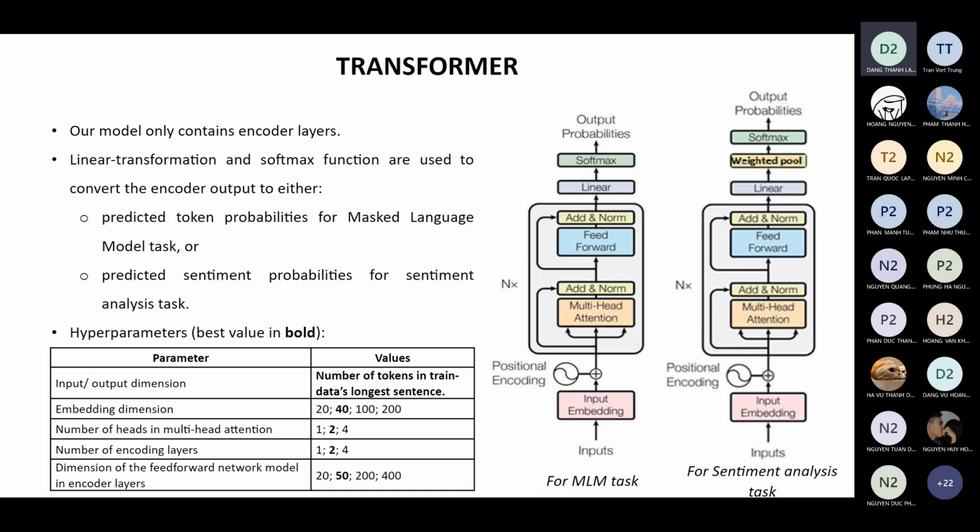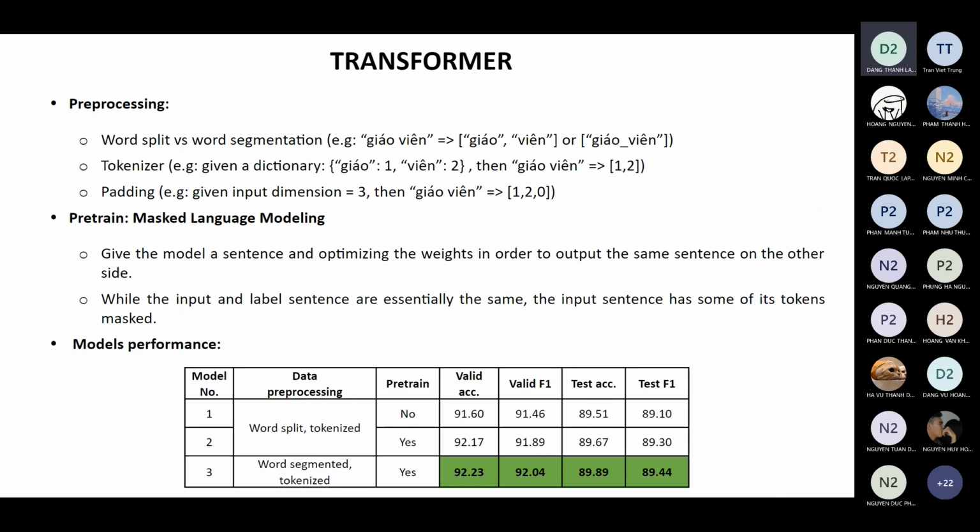Those are the input and output dimensions, the embedding dimensions, the number of heads in multi-head attention, the number of encoding layers, and the dimension of the feed-forward network that we have discussed above. One point worth noticing here is that the input and the output, for each sentence, are equal to the number of tokens in the longest sentence in the training data. Next slide, please.